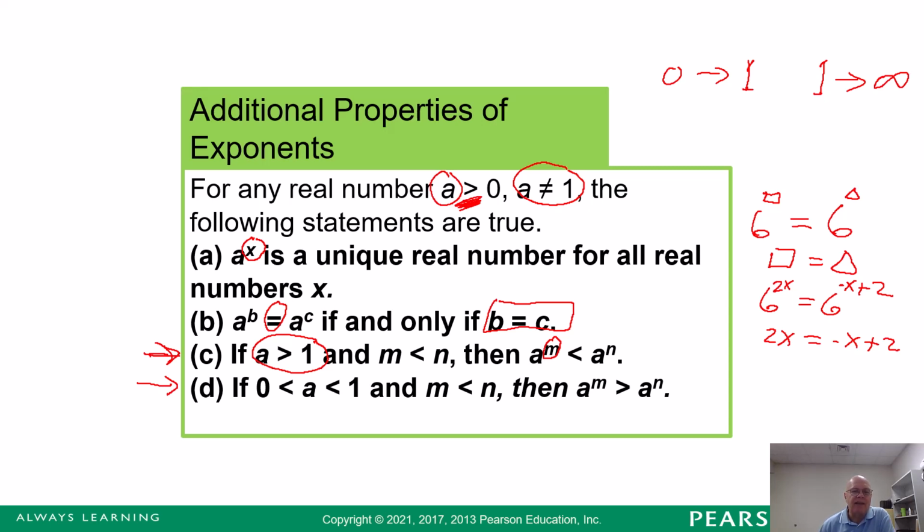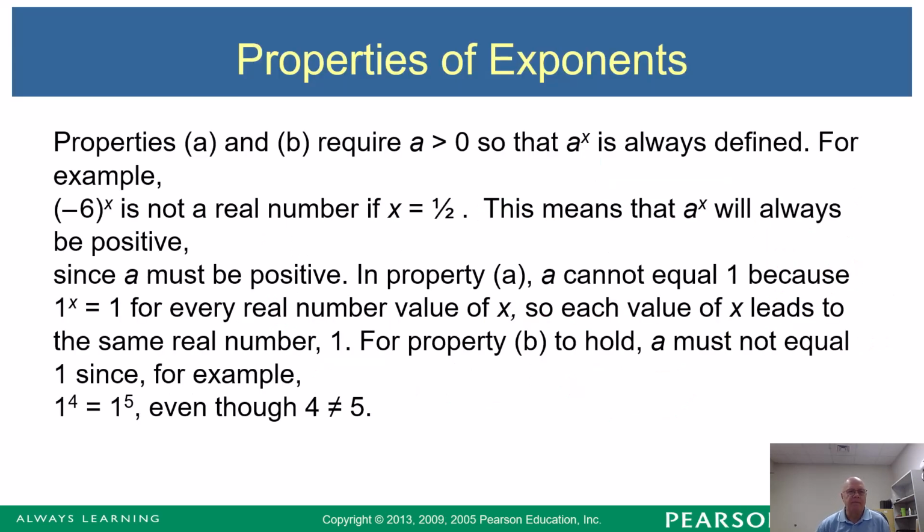If a is from 0 to 1, the opposite holds. m is smaller than n, but a to the m is actually bigger than a to the n. So remember, a has to be positive, and we're not using an a of 1 either. Remember, we're not going to use negative numbers. That's out. And we're not going to use 1.